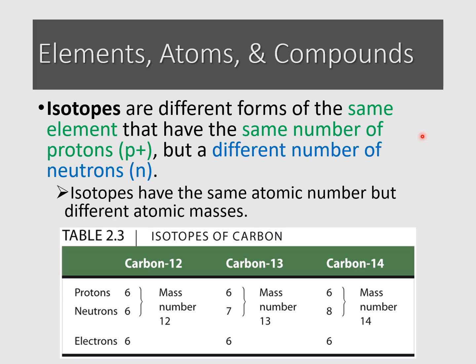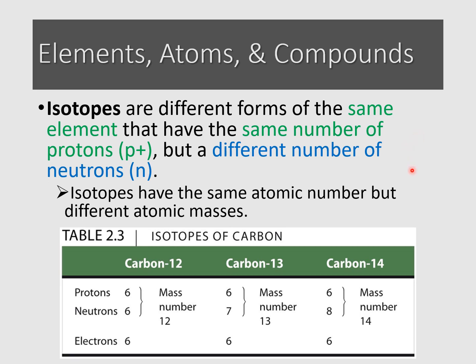So an isotope is going to have the same atomic number as the original element, but a different atomic mass, because now we've changed the neutrons, and we said that atomic mass is the protons plus the neutrons, but the atomic number is just the protons, which is the same.